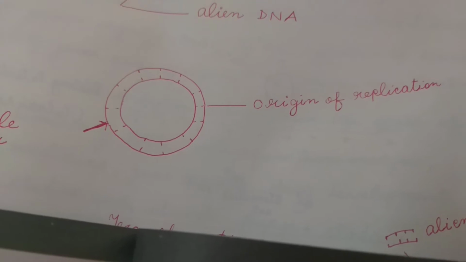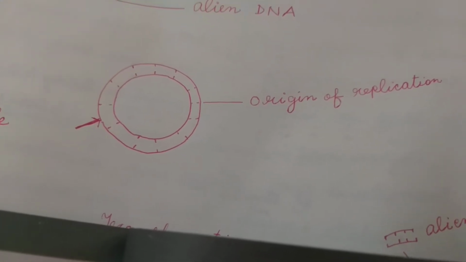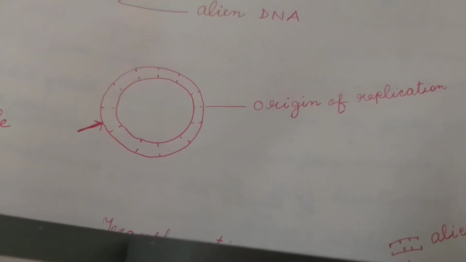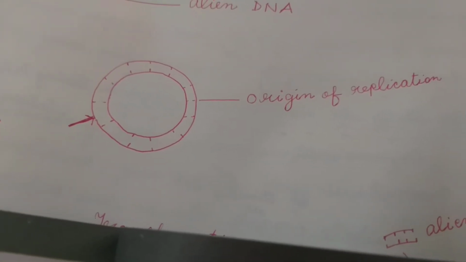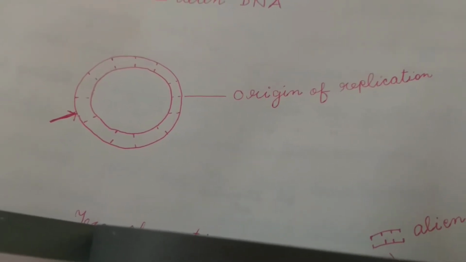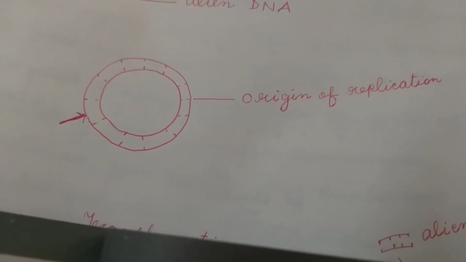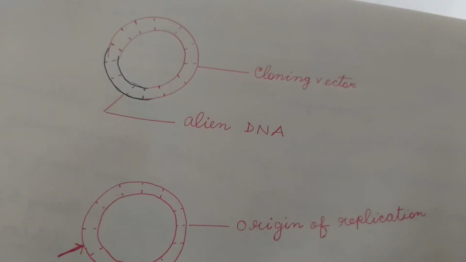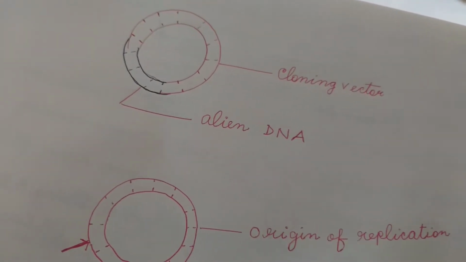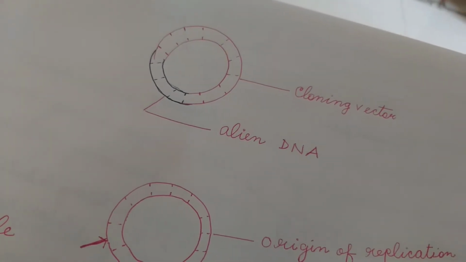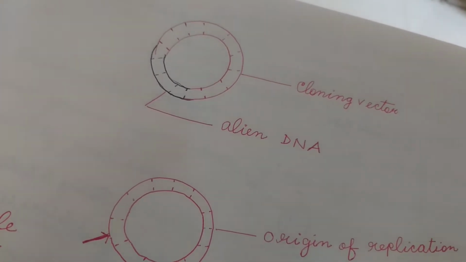Origin of replication is also responsible for controlling the copy number of the linked DNA. That means the alien DNA which is linked to the cloning vector at the origin of replication will replicate and make multiple copies.